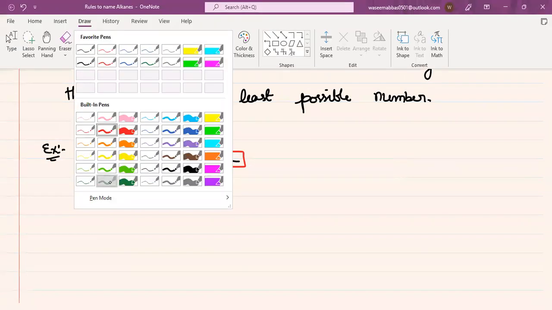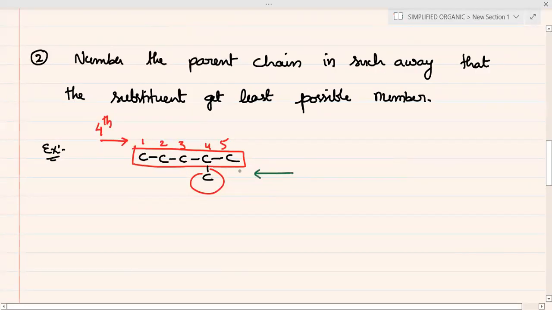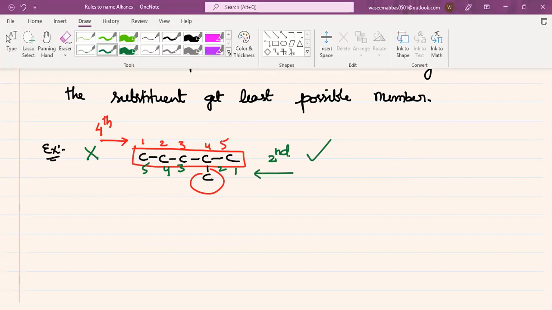If I number from the other direction, 1, 2, 3, 4, 5, what is the position of the substituent? It's the 2nd position. So this is the correct way of numbering and this is the wrong way. This is rule number 2, where you number the parent chain in such a way that the substituent gets the least possible number.